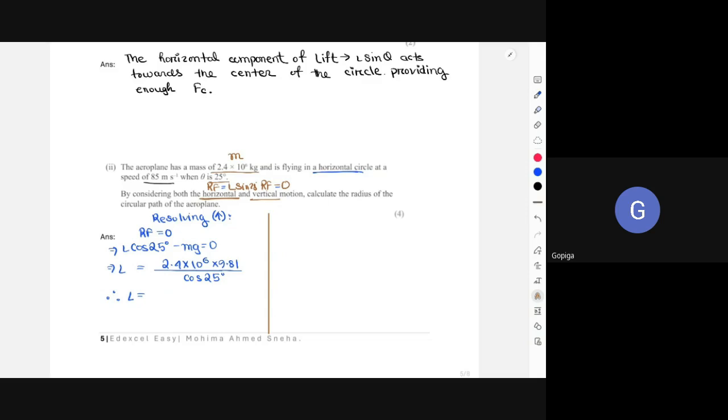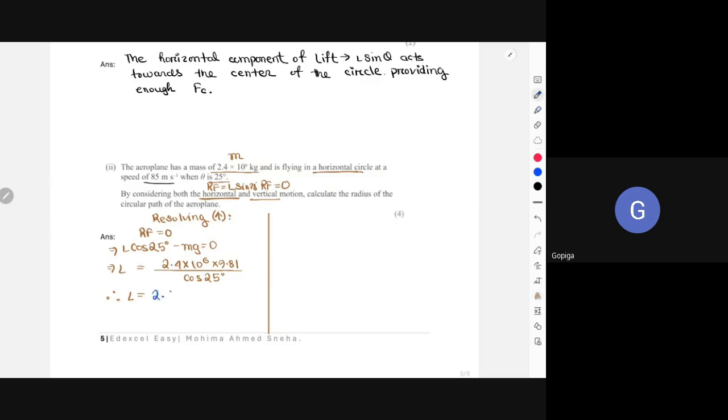What is the value that you guys are getting for this lift? 26 million. In 10 to the power 6 then, so 2.6 times 10 to the power 7, right?